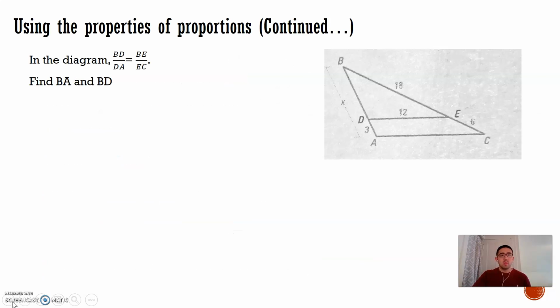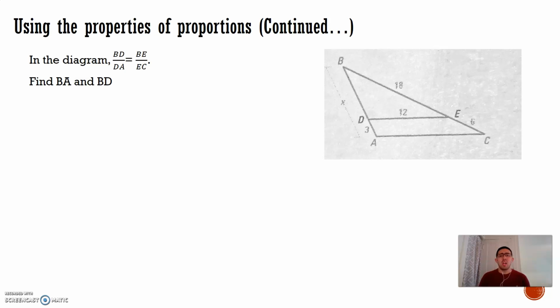Okay, cool. So, how do we use it to solve problems? In this diagram, it says BD to DA is equal to BE to EC. Now, I don't actually like the way that the book solves it, but since I don't have the ability to write within this screencast, I'm going to go with it.